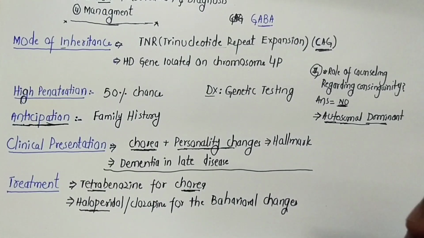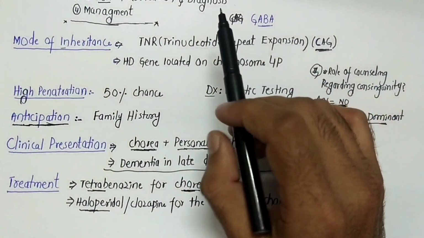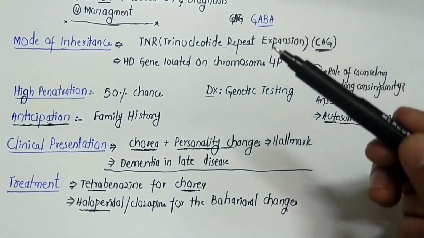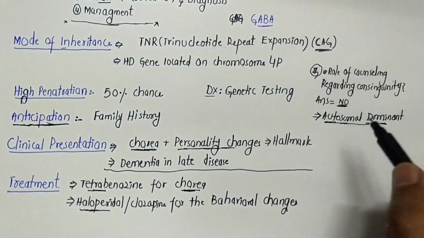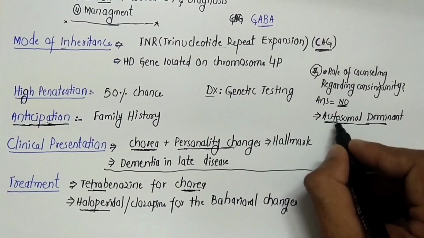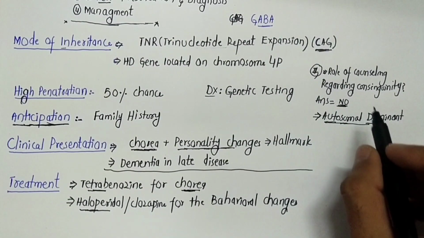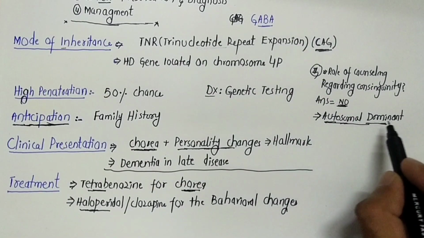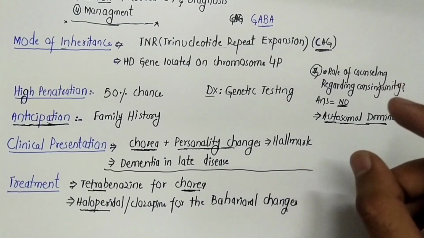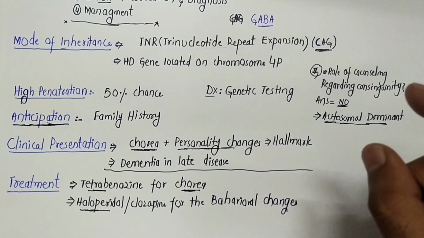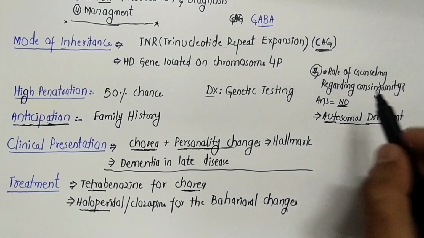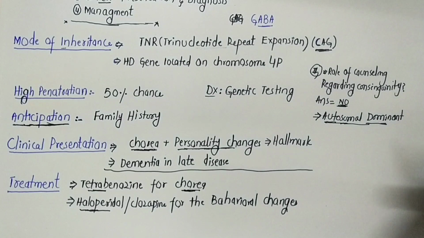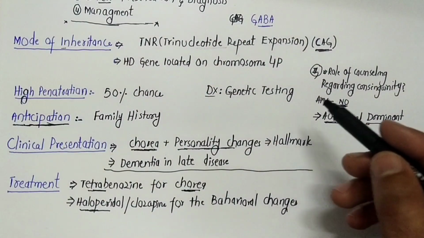I'm really sorry that I forgot to tell you about this in the mode of inheritance, but it's okay, I have written it here. In an autosomal dominant fashion, we need only one defective copy of the mutated gene to be expressed as disease. So there is no role of counseling regarding consanguinity in Huntington disease.